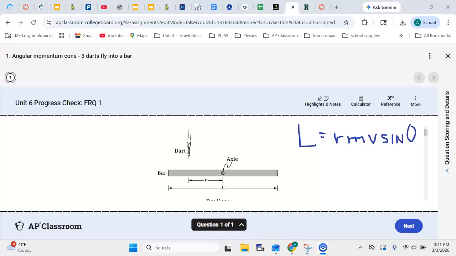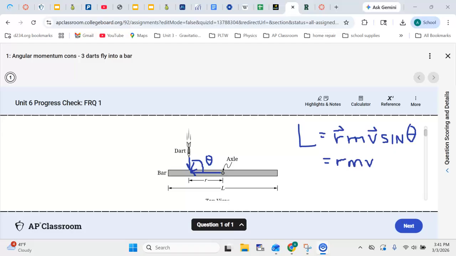And at the point of contact right here, right before the dart hits, the angle theta between the velocity vector and the distance r, which is considered a vector as well, that angle in between those is 90 degrees, right? That's your theta, and sine of 90 is 1. So this equation simplifies to r m v. So the dart does give angular momentum to the system.